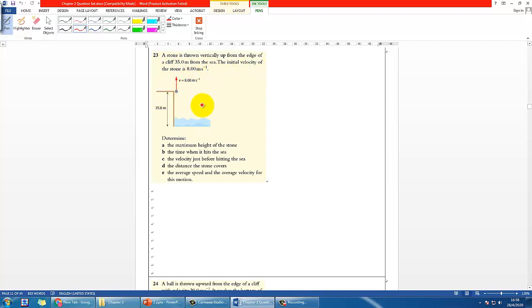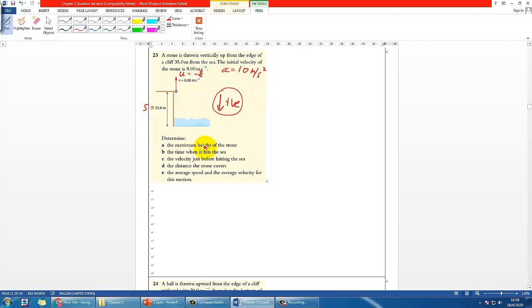The first thing that you want to do is to define the direction. Let's say downward is positive, so the initial speed is u equals -8 instead, and we know a is 10 meters per second squared, and then s will simply be positive 35.